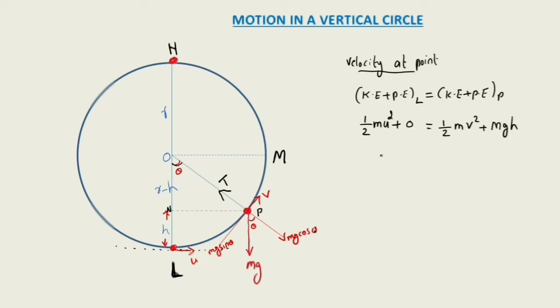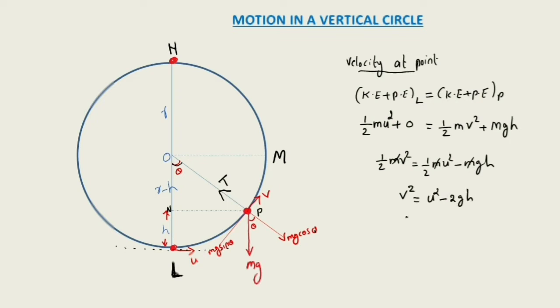Therefore, we can calculate the velocity at the point P. Half m v square is equal to half m u square minus mgh. Here m is common, you can cancel that, and if you take the 2 to the right, we can write this equation as v square is equal to u square minus 2gh.